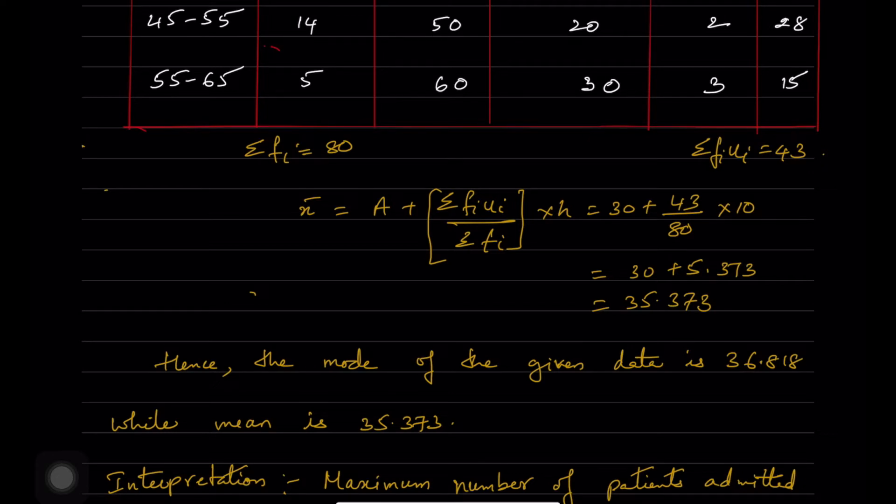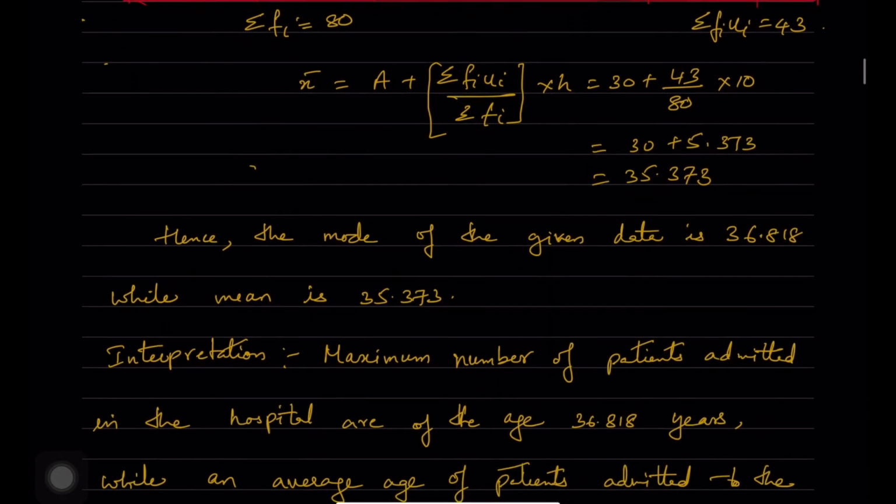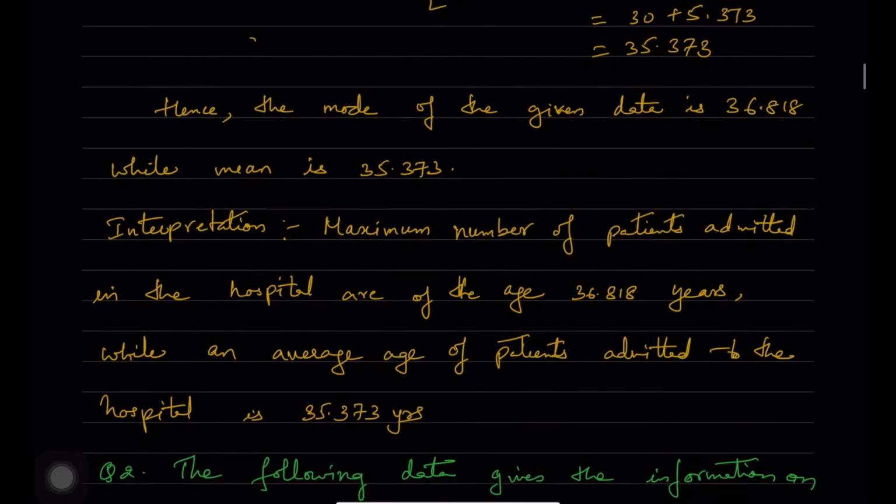So here, hence the mode of the given data is 36.818 and the mean is 35.373. So the maximum number of patients admitted in the hospital are of the age 36.818 years, while the average age of patients admitted to the hospital is 35.373.